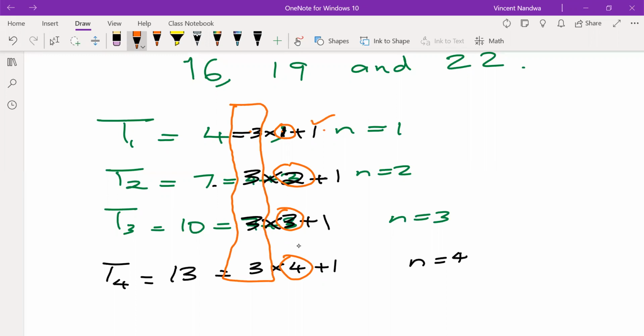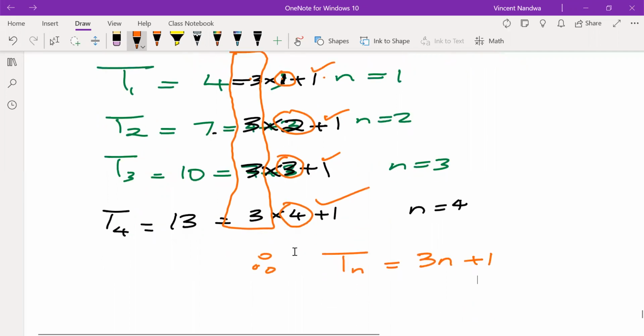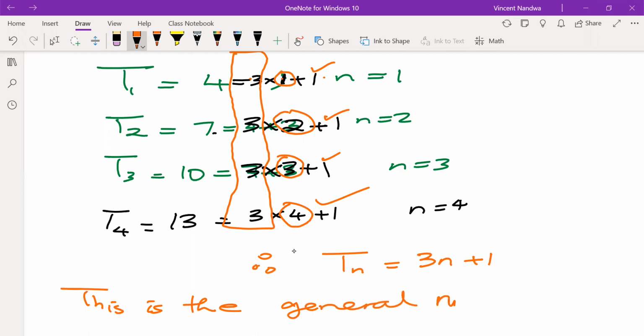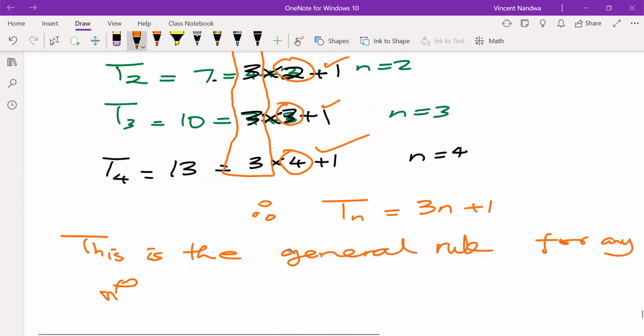Then at each point, we add 1. So therefore, we can predict Tn to be simply 3n plus 1 for the nth term. So this is the general rule for any nth term for that particular sequence.